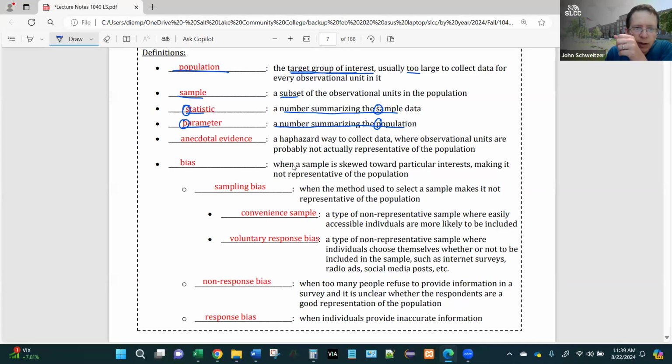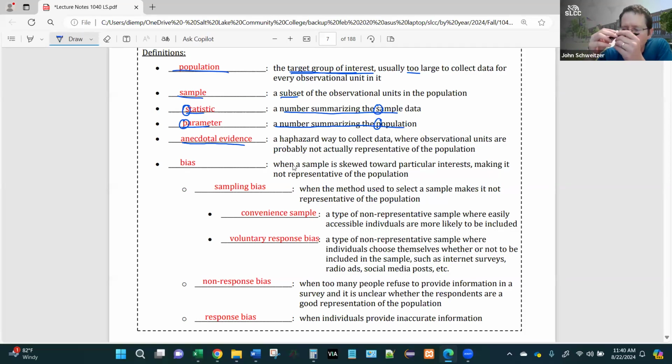First thing we want to avoid is anecdotal evidence. Anecdotal evidence is a haphazard way to collect data where the observational units are probably not actually representative of the population. So the study that we did last time with our class was actually anecdotal evidence. I just took 14 people that were all in this class and we used our numbers.